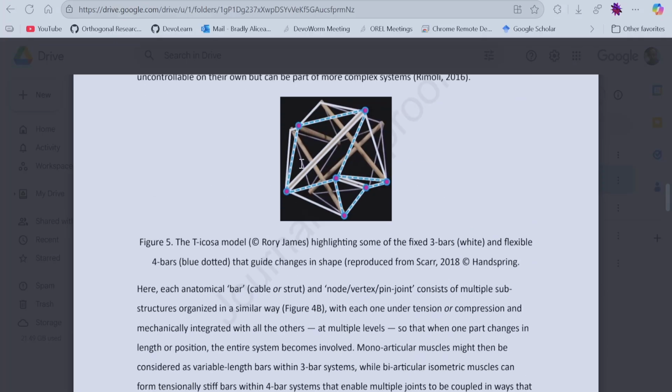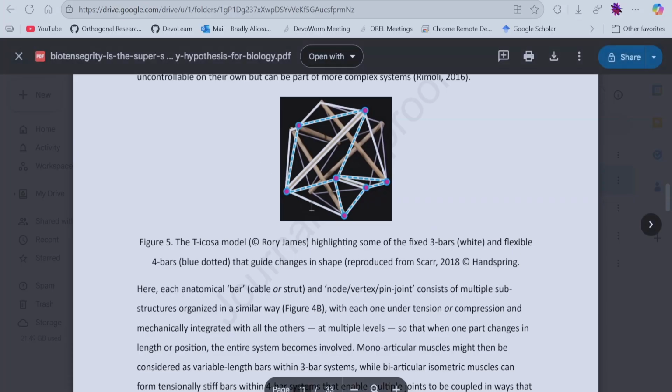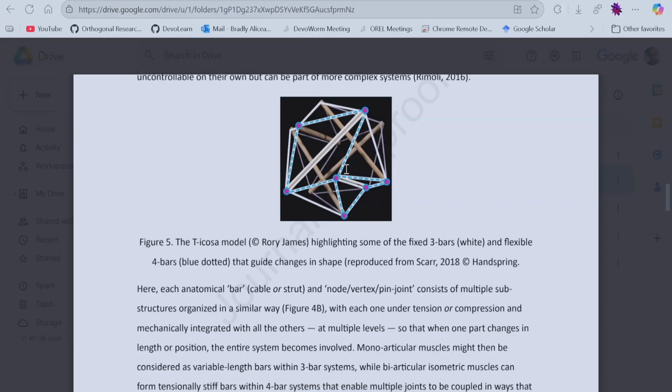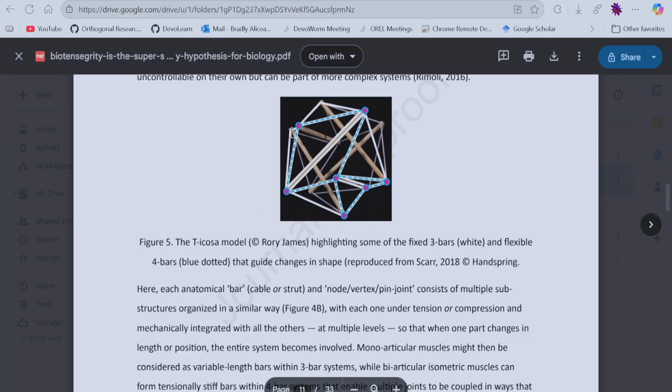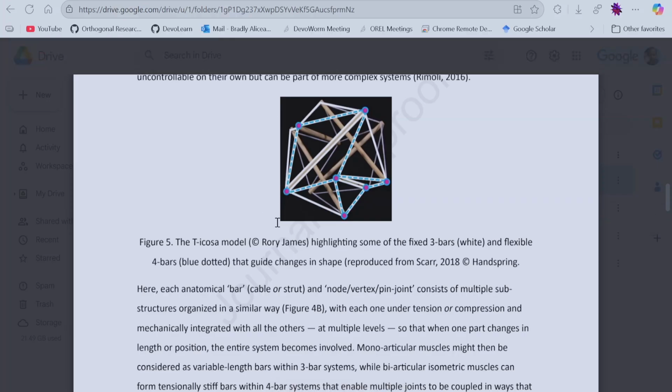So this is another tensegrity model, the T-ICOSA model. What are these called, Susan? Where you have the 3 bars and the 4 bars? Yeah, like these examples here. What's the jargon that they use for it?